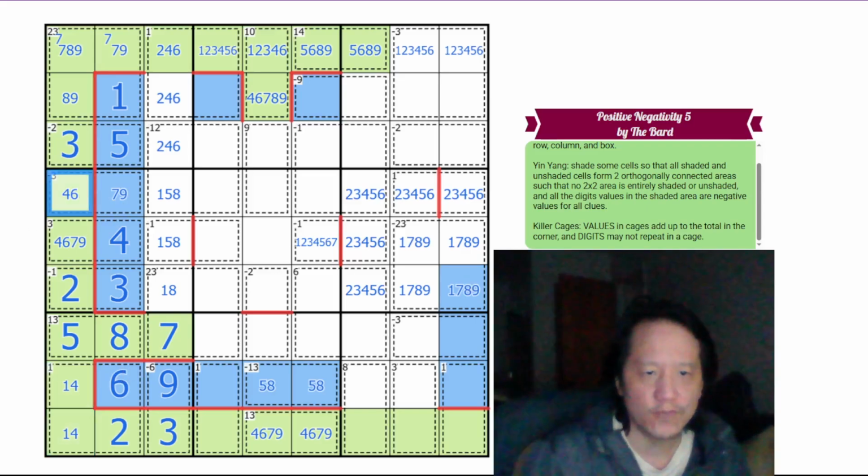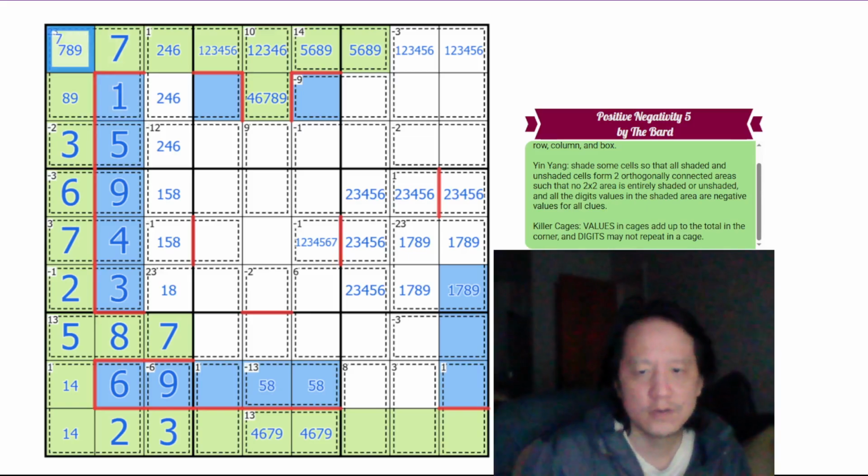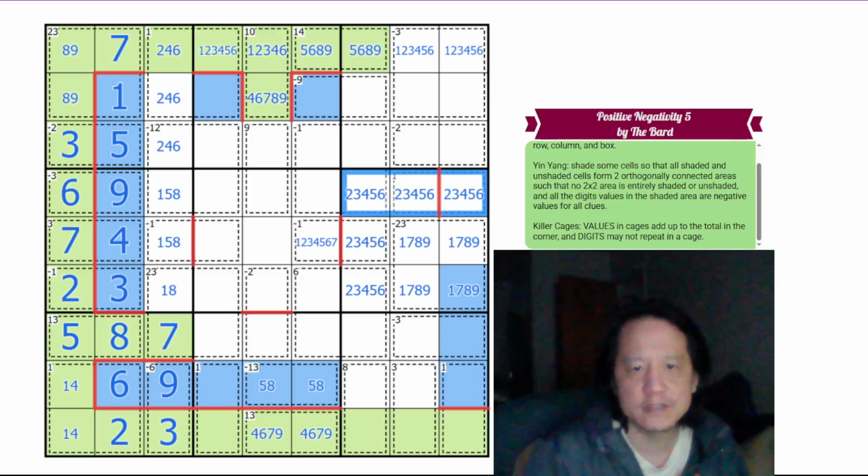So it can't be 4. This is 6, which makes this 9 to be negative 3. And this must be 7 then and 4 to subtract 3. 7 eliminates 7 here. This must be 7 there. None of these can be 6.